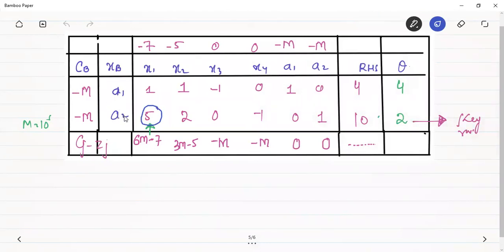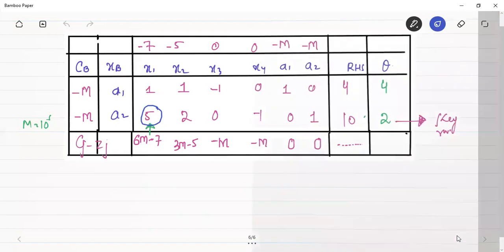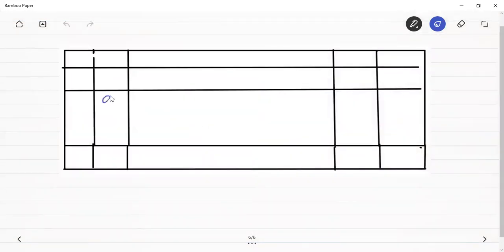Okay. So we have seen the incoming variable and we have seen the outgoing variable. In the next table, A1 will still be the basic variable and A2 is the leaving variable and it will be replaced by the X1. Okay. Therefore, in the next table, I will write A1 and X1 is the incoming variable. Okay. यहाँ पे क्या होते थे? X1, X2, X3, X4, A1 and A2.